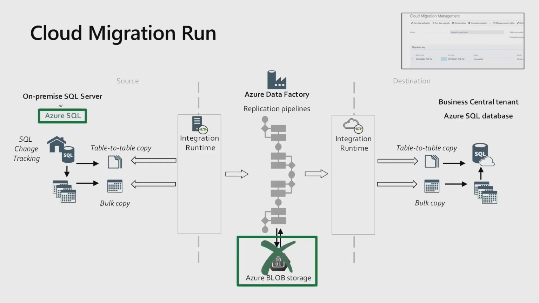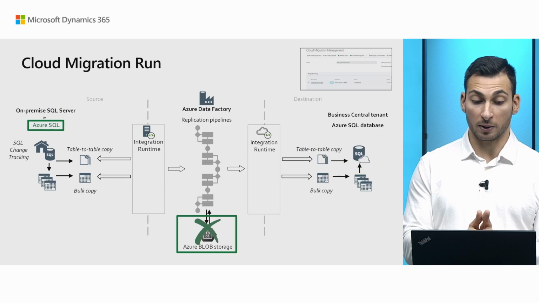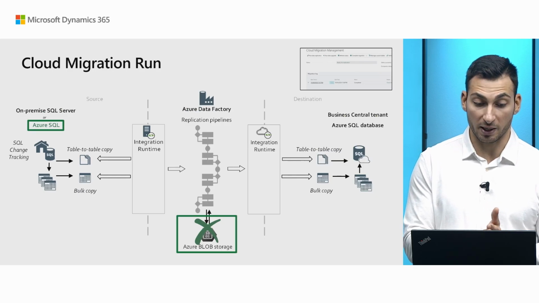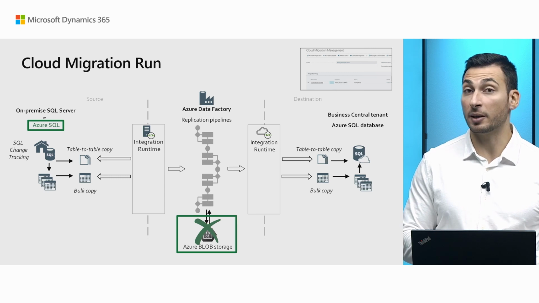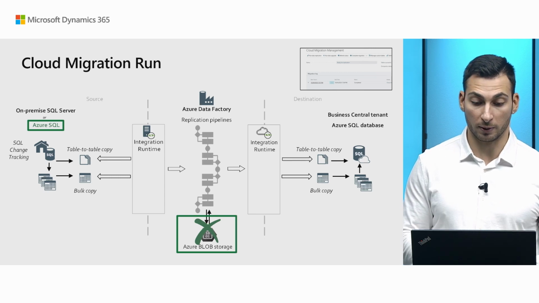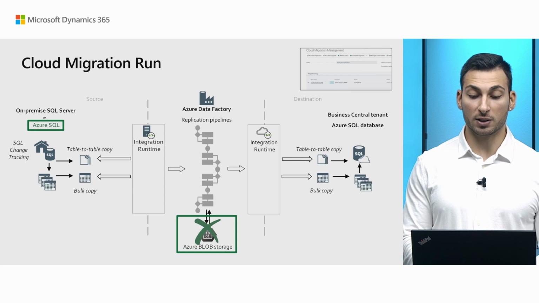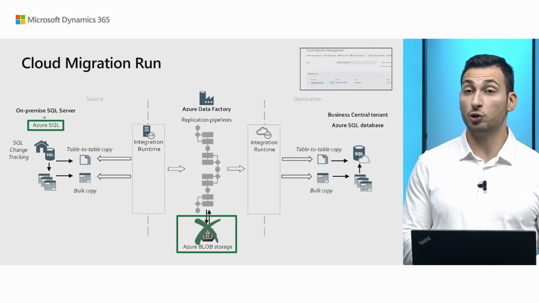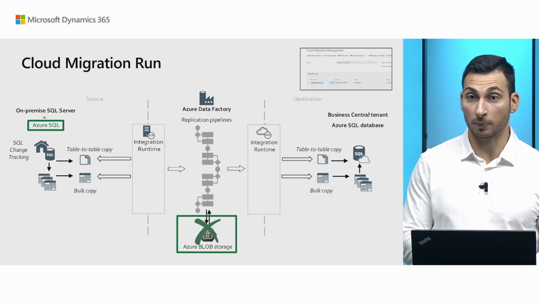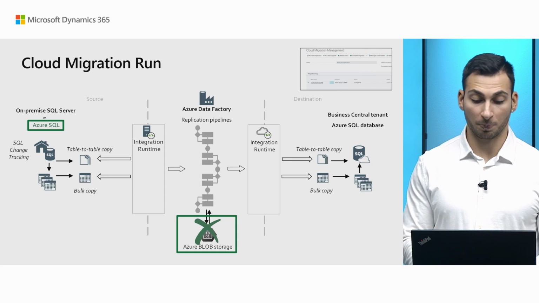Now, everything that we saw here is also possible if you have an Azure SQL database as a source, but it's important to call out a very big improvement that we've made throughout these last months, which is the removal of the need for the Azure Blob Storage staging step for Azure SQL. And why is that?